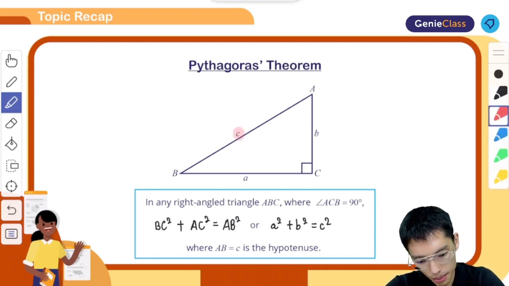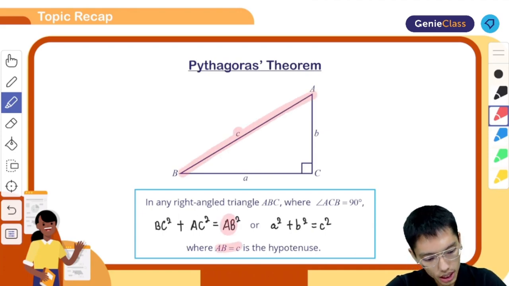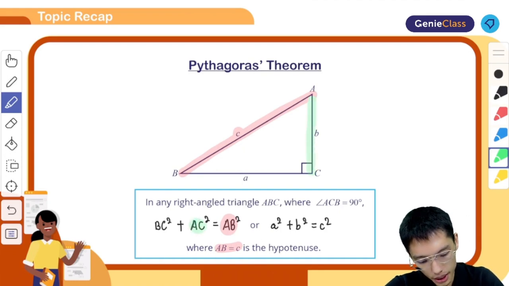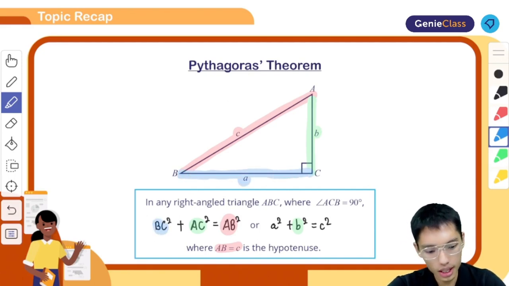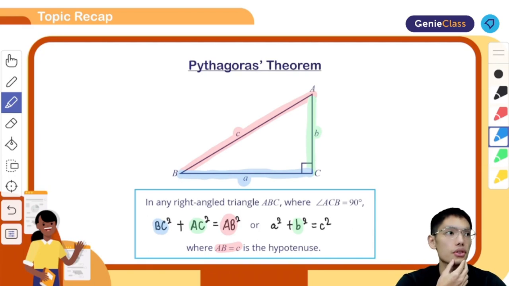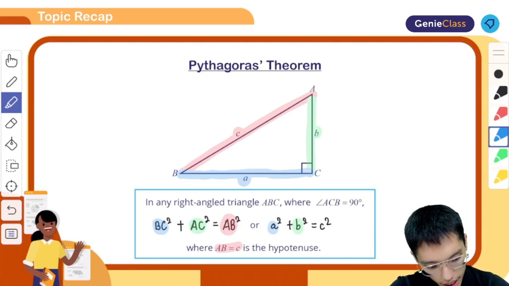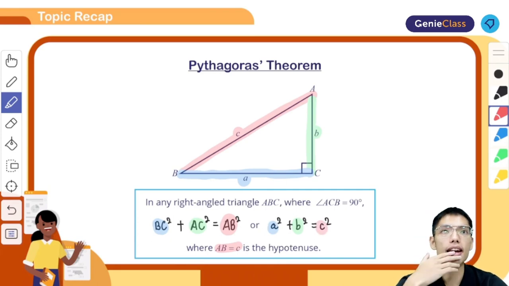So c is my hypotenuse, AB over here, AC is a side, and lastly, BC is the other side. So this is my Pythagoras theorem. This should be familiar to everyone here. These are the sides that I have.